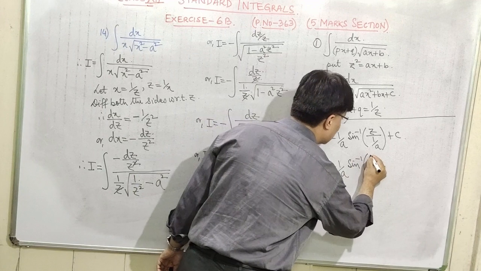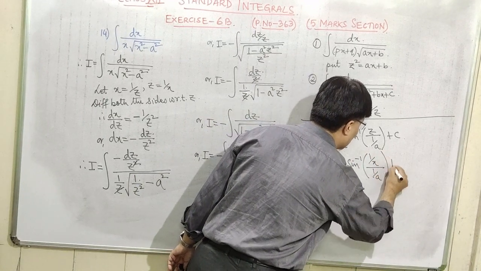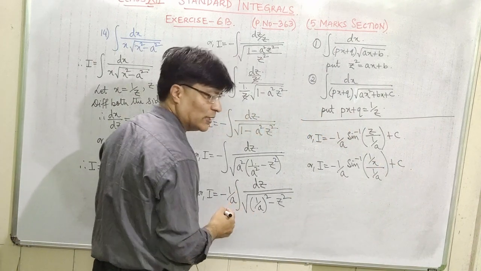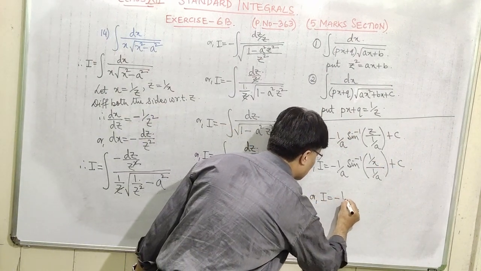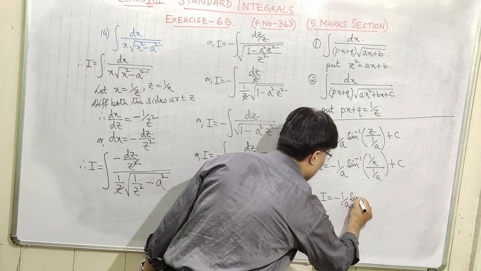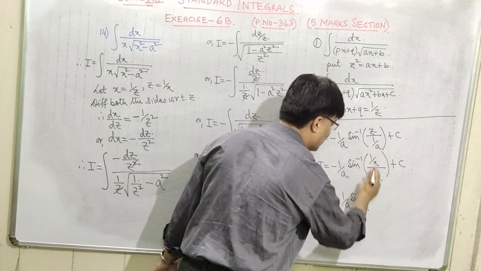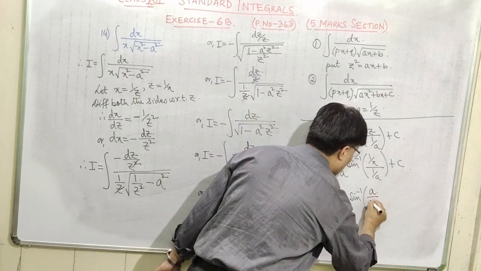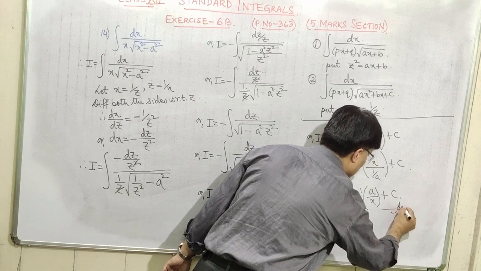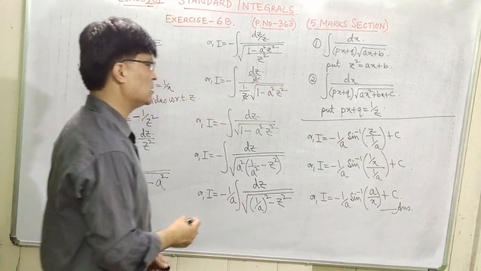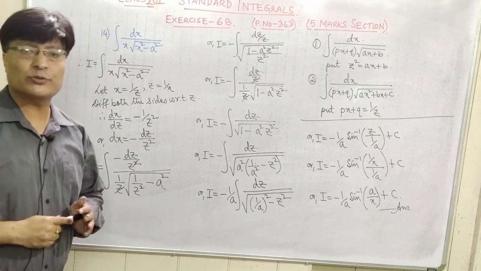It is 1 upon x, divided by 1 by a, bracket closed, plus c. So let us simplify it. I is equal to minus 1 upon a sine inverse, within the bracket a goes up in the numerator, a upon x, bracket closed, plus c. So this is the final answer. So I think you have understood it.